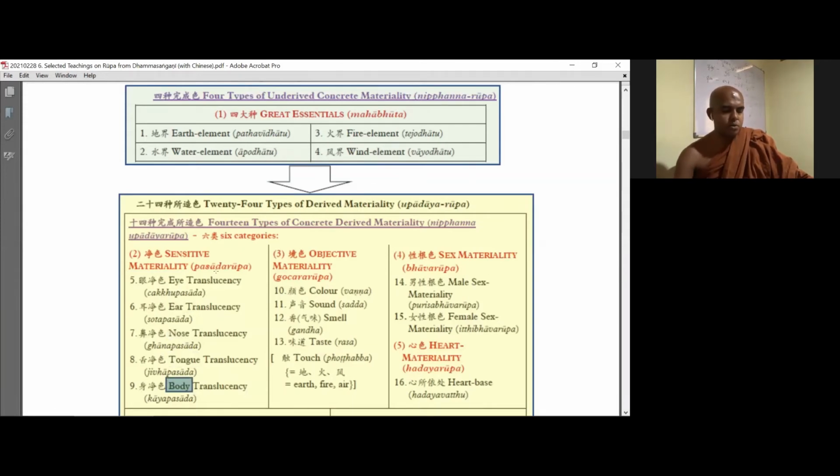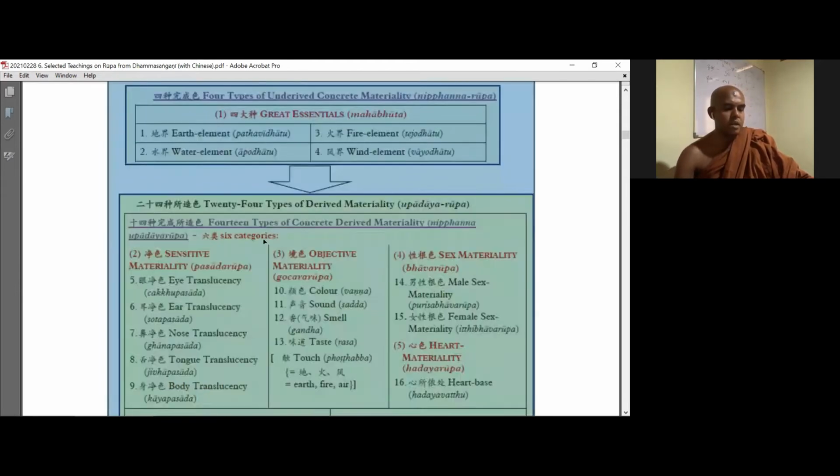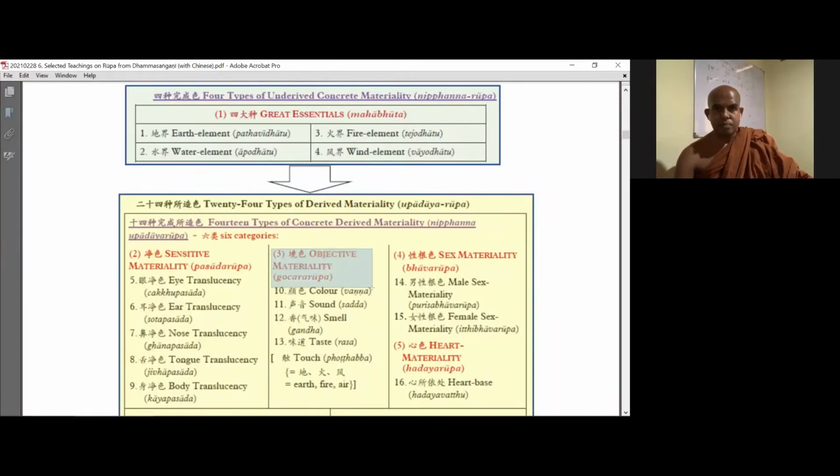Eye, ear, nose, tongue, and body. There are 5 sensitivity material. And objective material, Gocara Rupa. There are how many? Color, sound, smell, taste, and tangible, touch. Actually, touch means there are 3 elements. No? Touch means earth, fire, air.